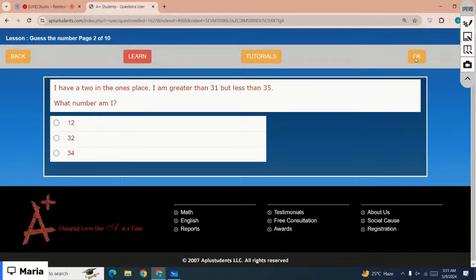What number am I? Yes, 32 it is. The correct option is 32.